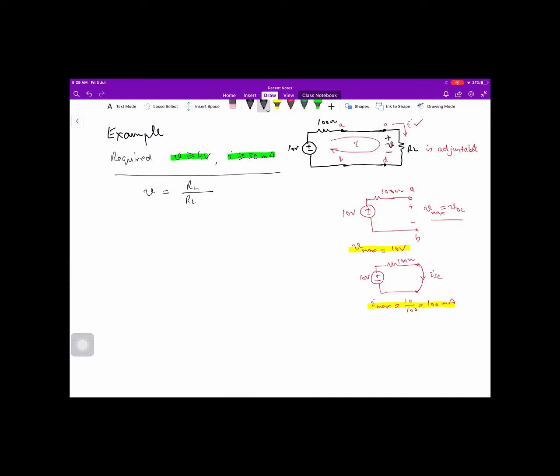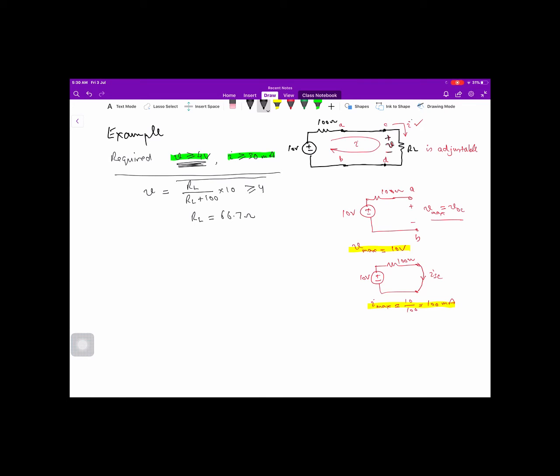Because it is a simple mesh with two resistors, it is a voltage division, and this is the voltage which appears across the load. And due to the given condition on the voltage across the load, this voltage should be equal to or greater than 4. If we proceed further, we will find that RL is equal to 66.7 ohm.